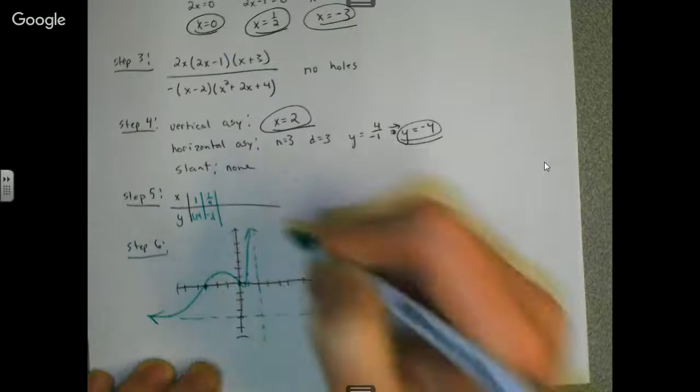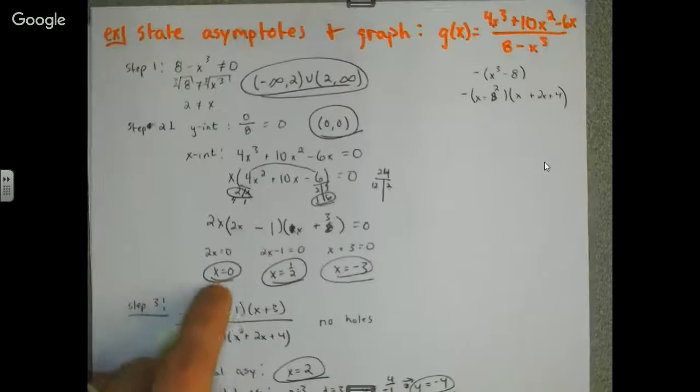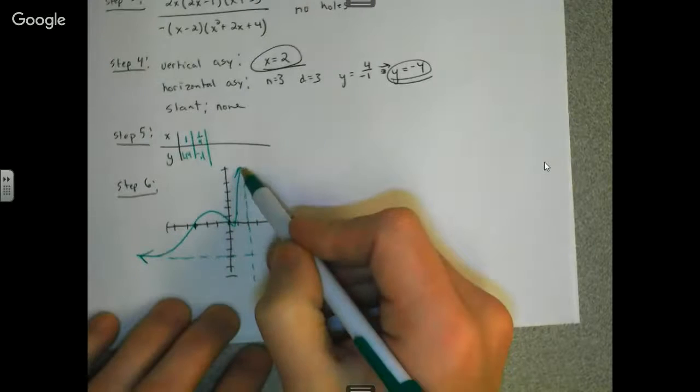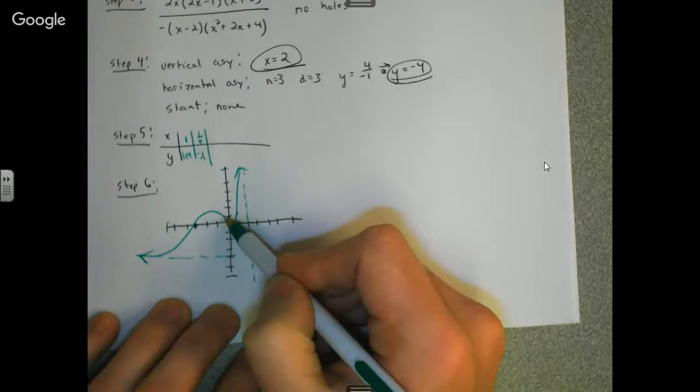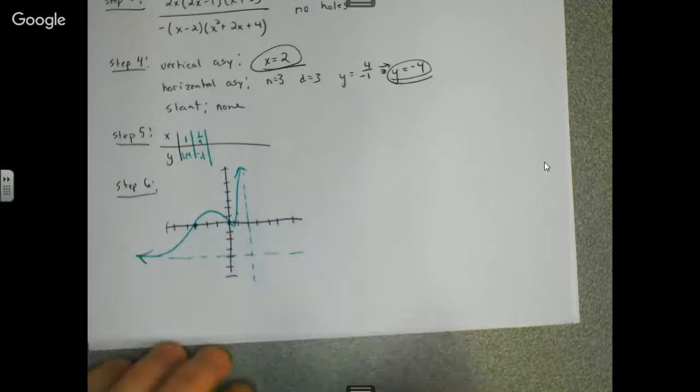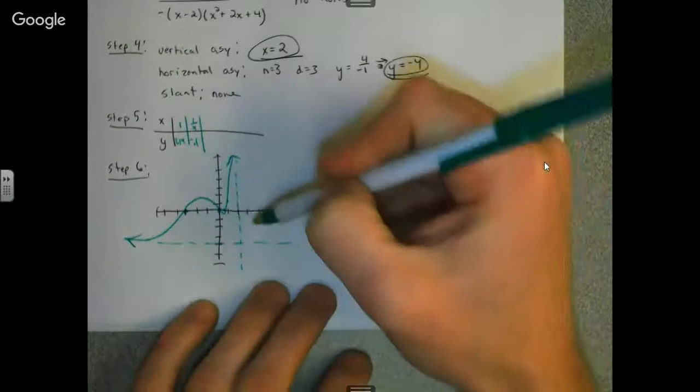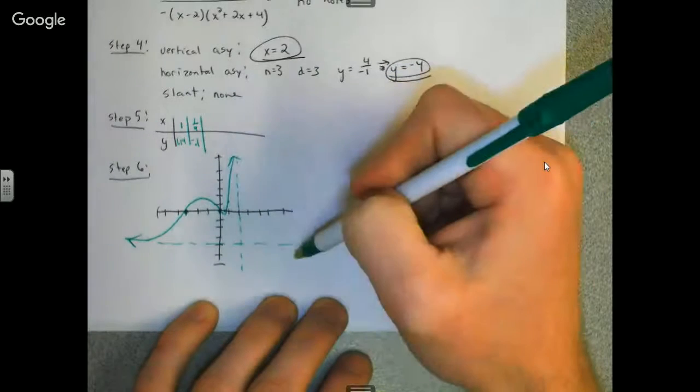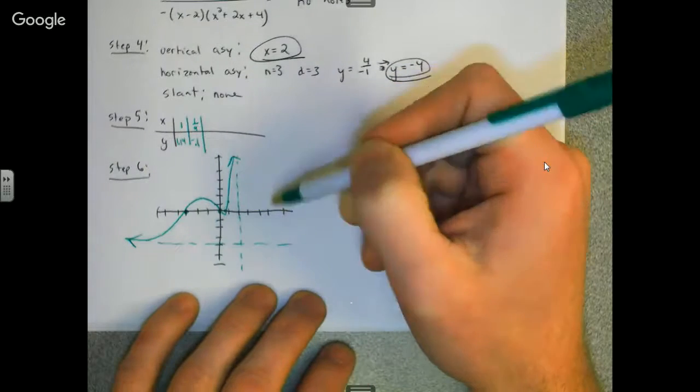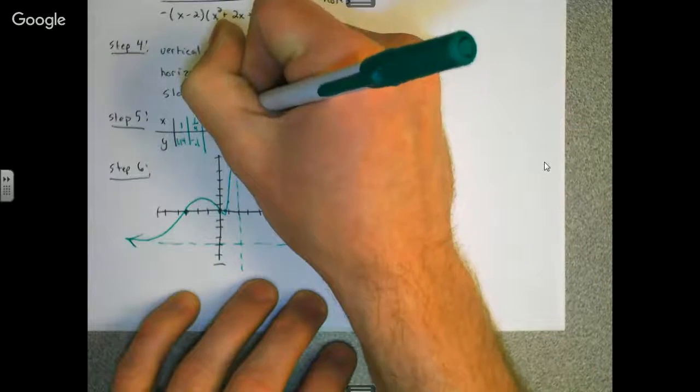Without picking a lot of extra points, using the multiplicities of this, I can tell what's happening. I know that I got to come from here, I'm passing through, and I'm approaching that asymptote. Now here, I don't know if I'm up here or down here. So in this case, we'll plug in, let's say 3.